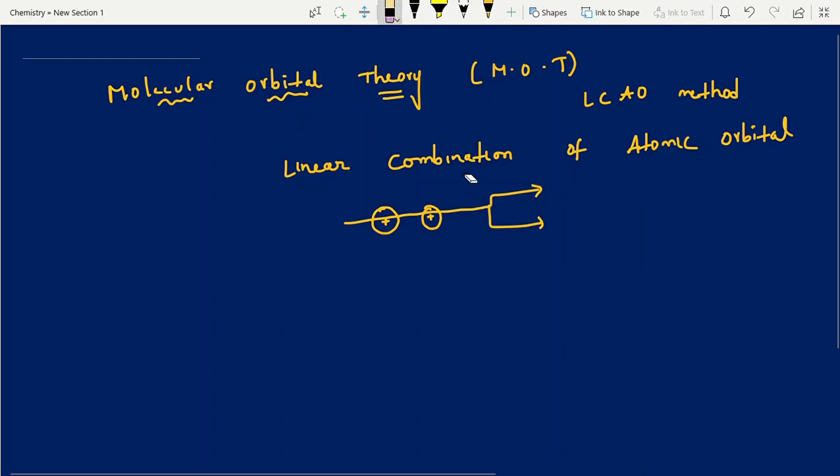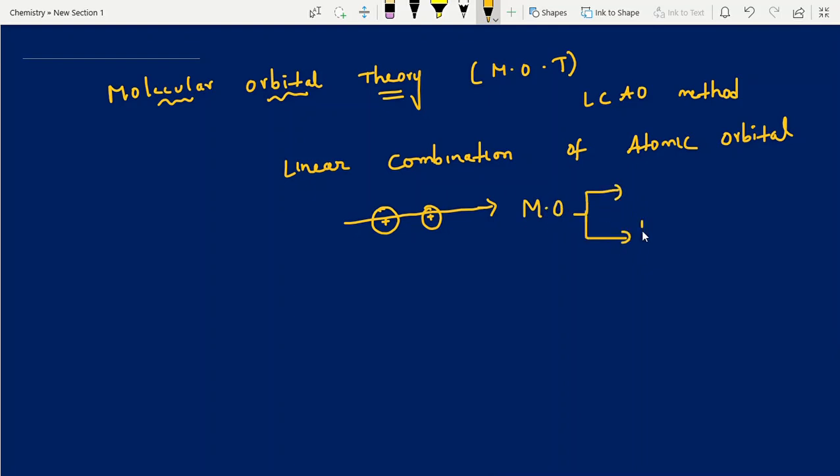But these molecular orbitals are again of two types. One we call the bonding molecular orbital, having low energy. Another one is the anti-bonding molecular orbital. So this is the theory explanation type.